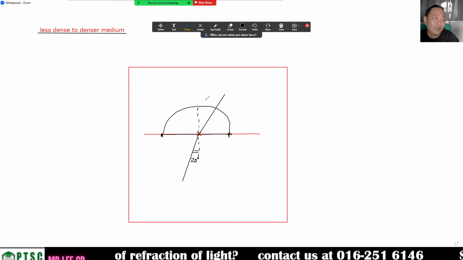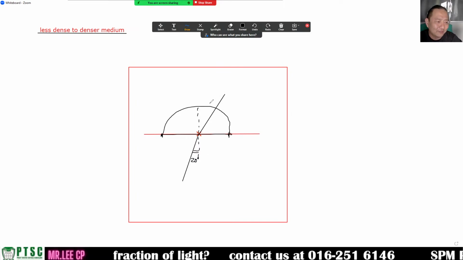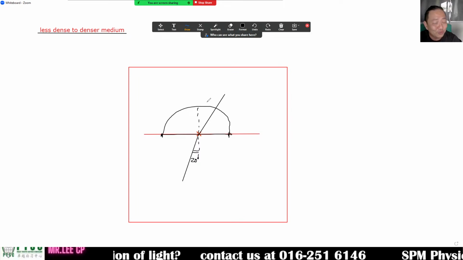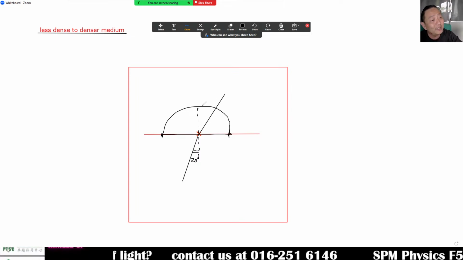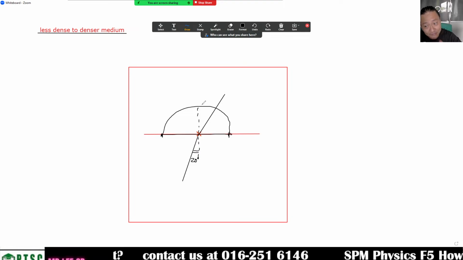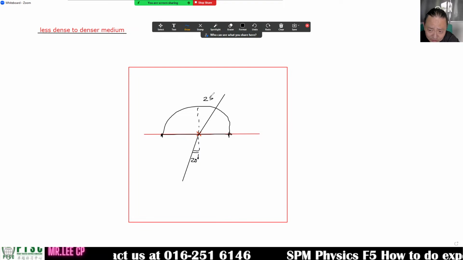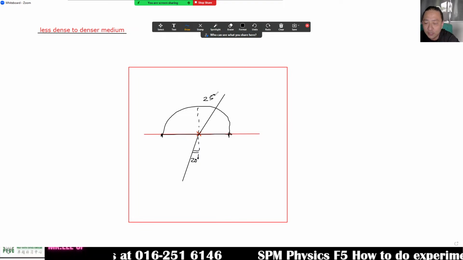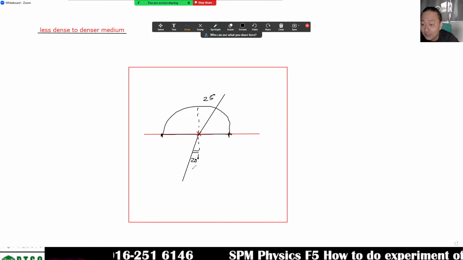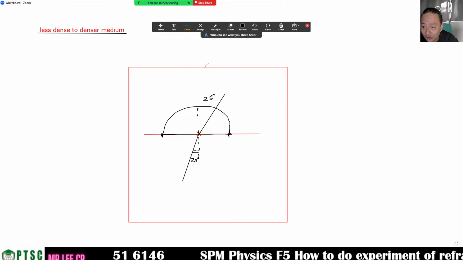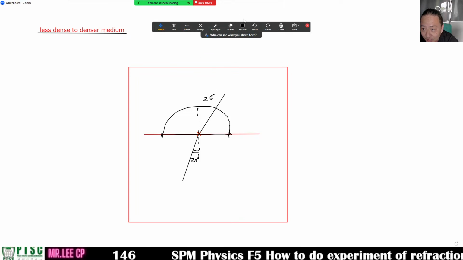This one maybe, I don't know. I cannot memorize the figure. But later I show you the experiment that they have done, the result that they have done. So this one probably is 25, because it moved away from normal. Sorry. This is less dense. This is denser. Oh, sorry. No. It will move toward the normal. I'm sorry.